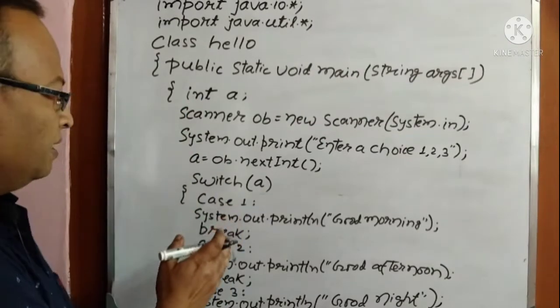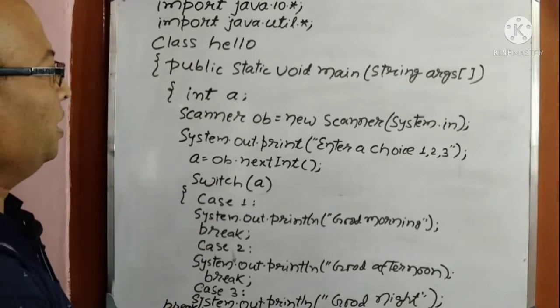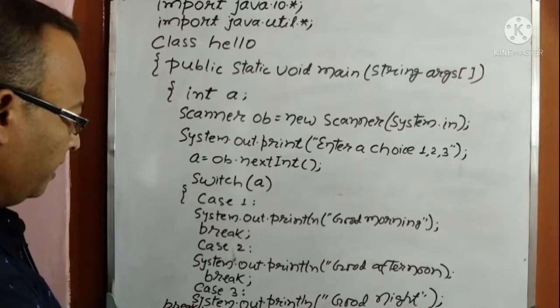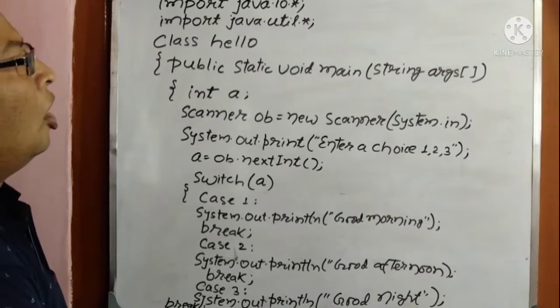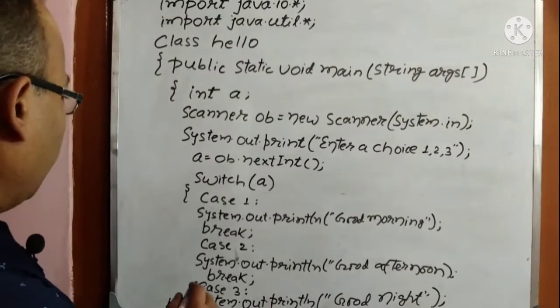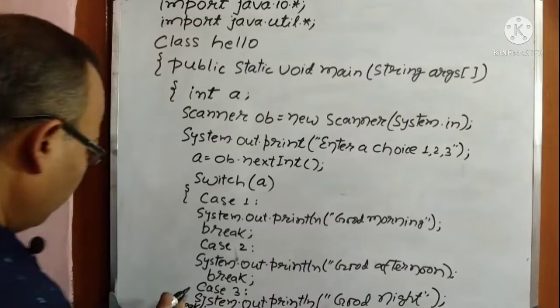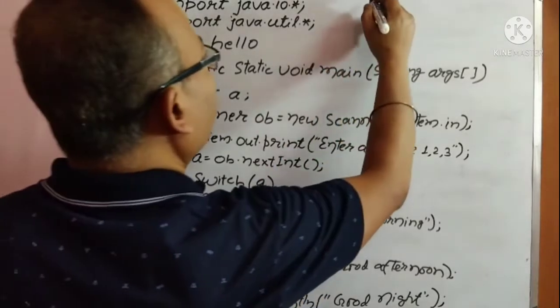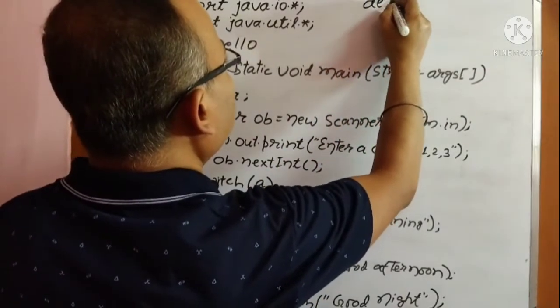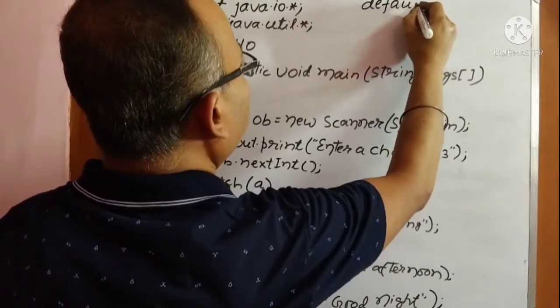I will just rub it. 2 to 3 more lines I have to write. Okay, after this I am writing over here. Suppose the next statement will be what? Default.